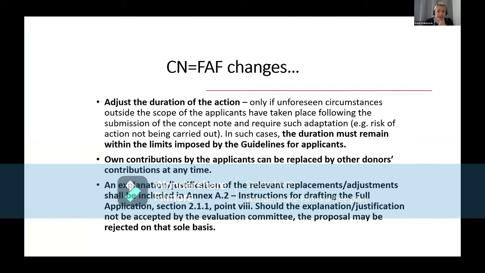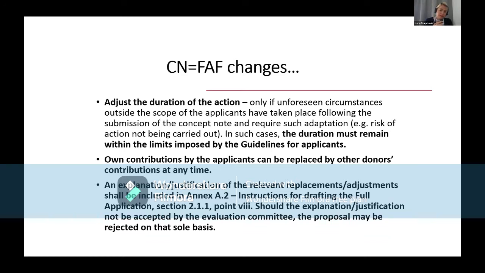So the duration must remain within the limits imposed by the guidelines for applicants. Anyhow, if you're proposing, for example, that your action will last 24 months, it should stay like that in the full application as well.